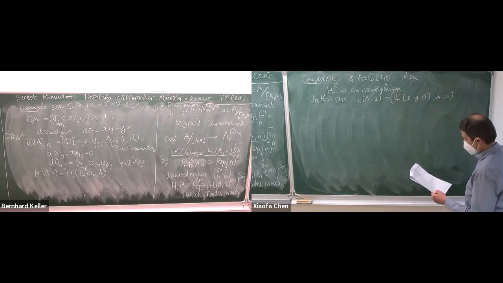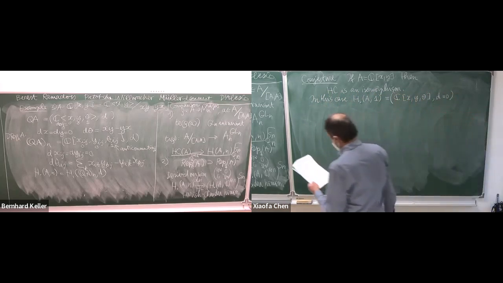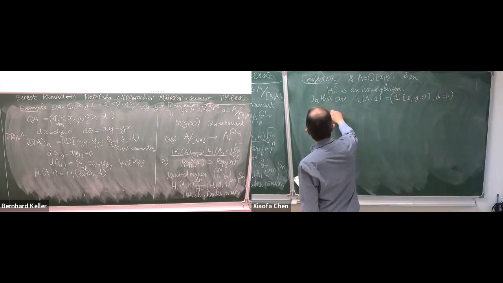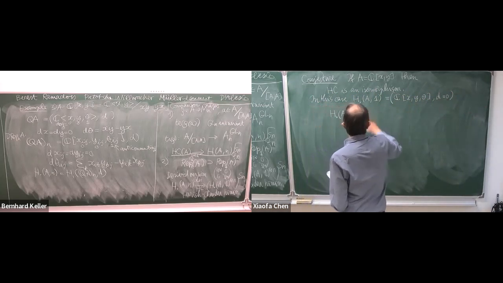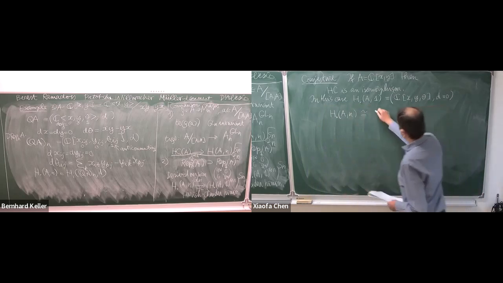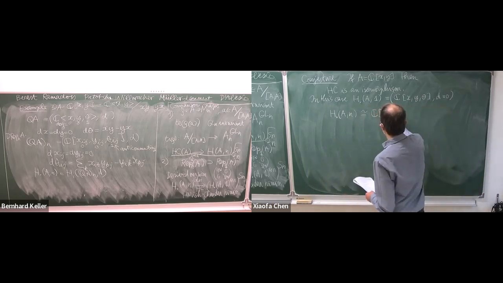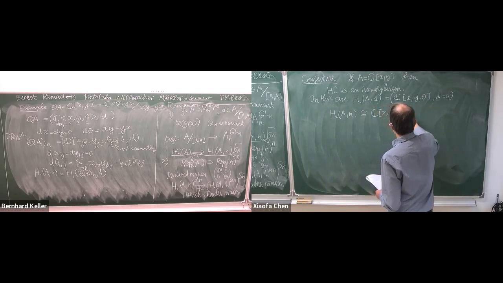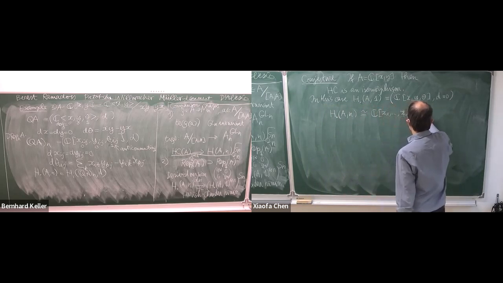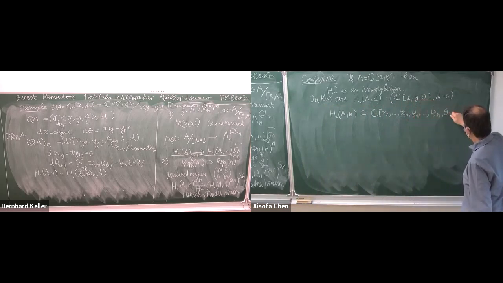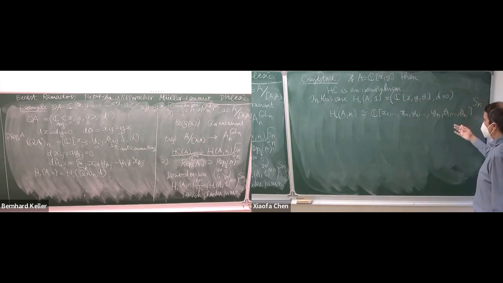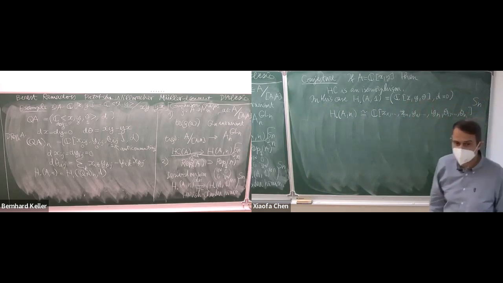So this is easy to describe, and then the claim is that H of AN would be isomorphic to functions from the diagonal matrices y1, and all the variables θ1, θn, invariant under the simultaneous permutation of these three sets of lines.